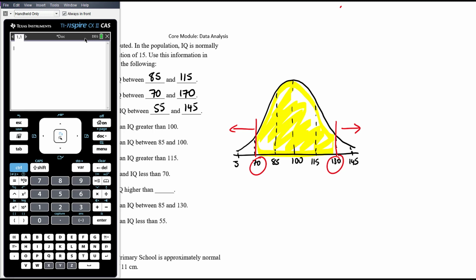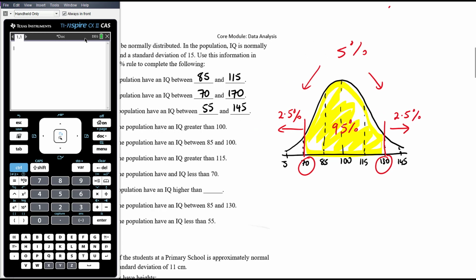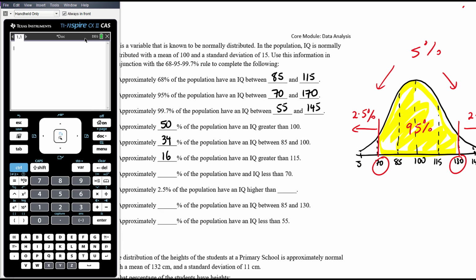We already know that within 2 standard deviations of the mean, that's 95% in there, which leaves a total of 5% for either side, which means we must have 2.5% up here and 2.5% down here because it's a symmetric distribution. So the percentage of people with IQ scores below 70, 2.5%. Okay, so the bottom 2.5% have IQ scores below 70.